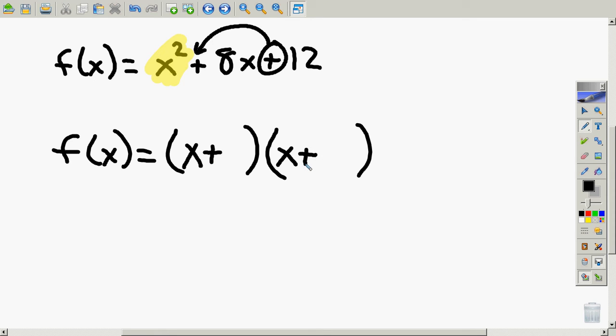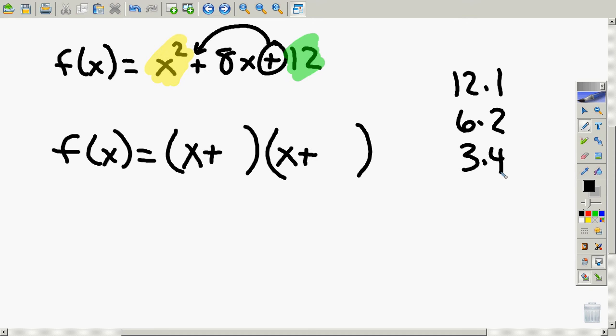Okay, now we need to look at the constant and think of all the factors that make up the constant. And we could have 12 times 1 equals 12. We could have 6 times 2. We could have 3 times 4, and we've got to find the right one.